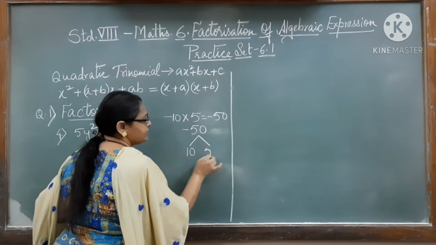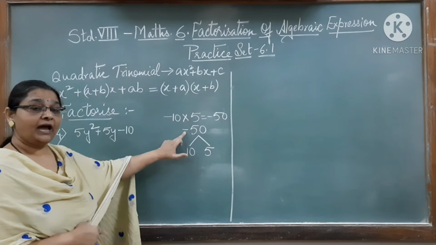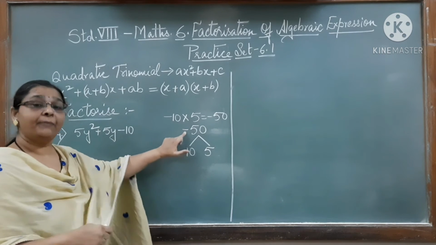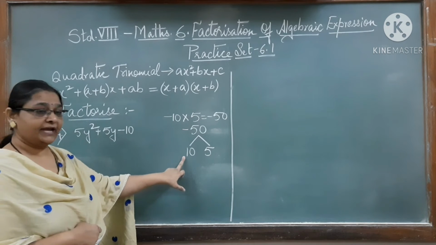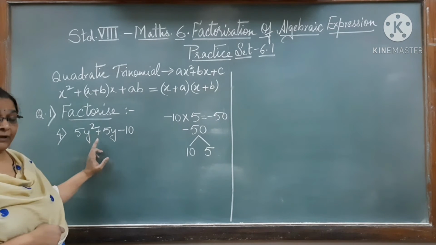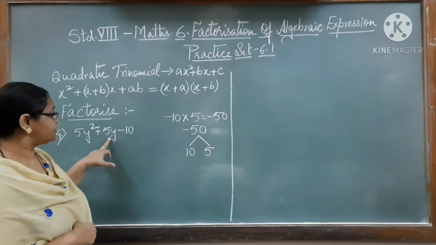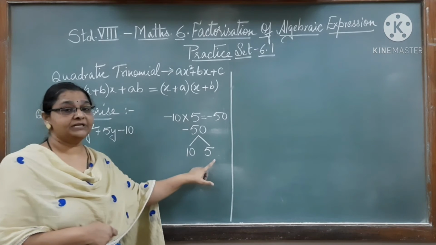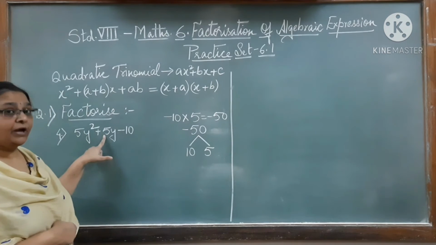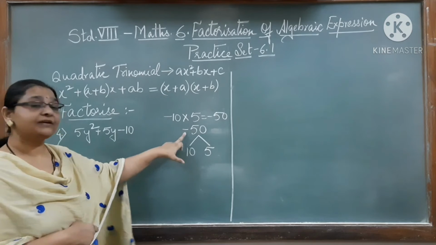10 5s are 50, but I need a negative sign here. Plus 5 is the coefficient of the middle term, so when I add these two numbers, I should get plus 5, but when I find the product, I should get minus 50.